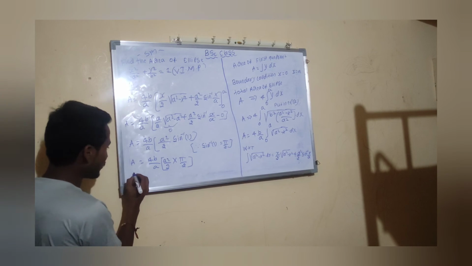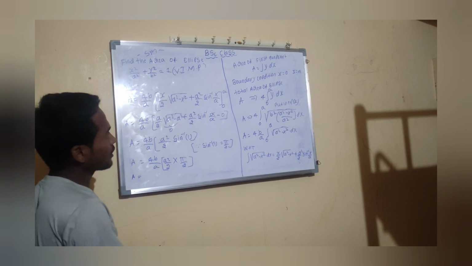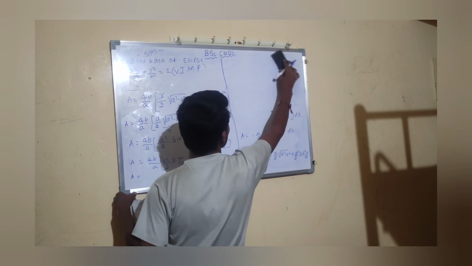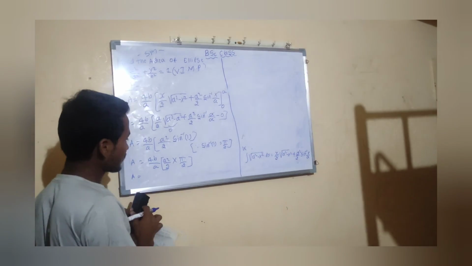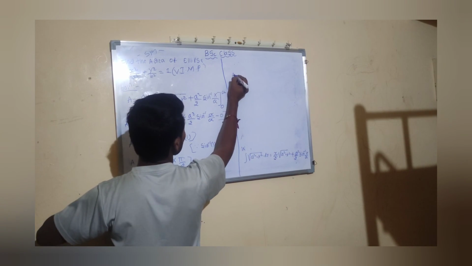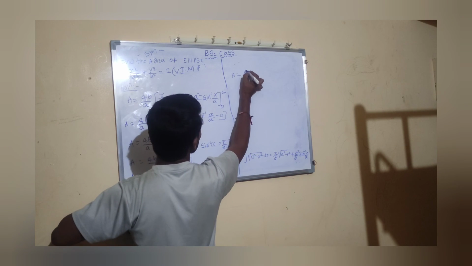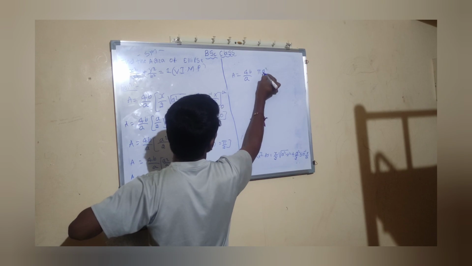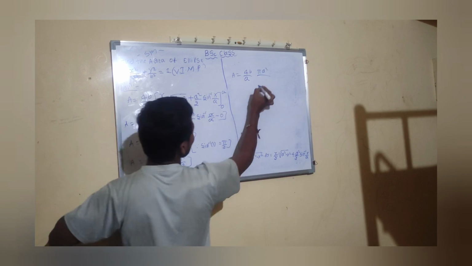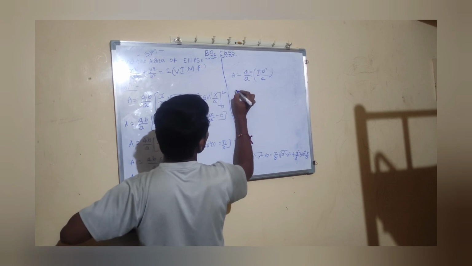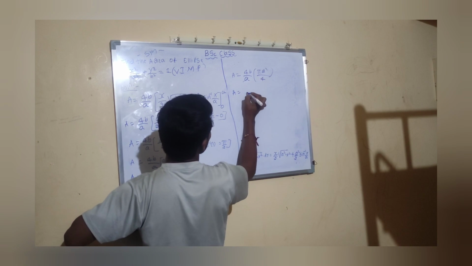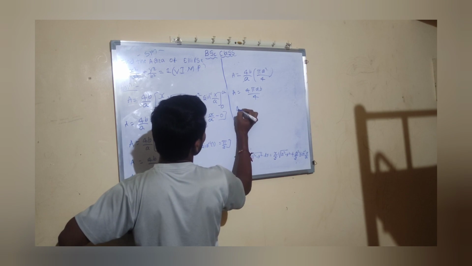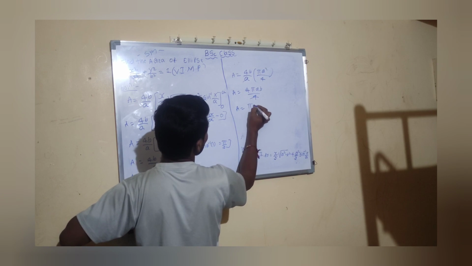Here a square gets cancelled, and 4 times pi ab divided by 4, the 4s cancel, giving pi into ab.